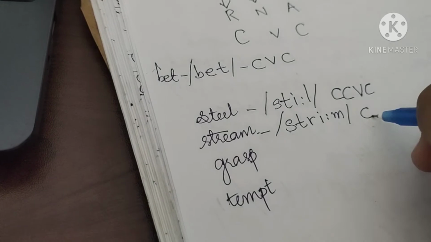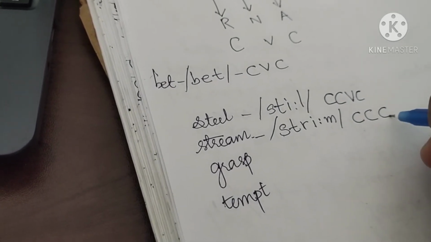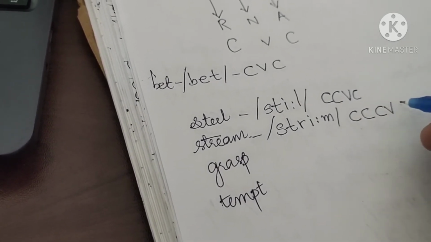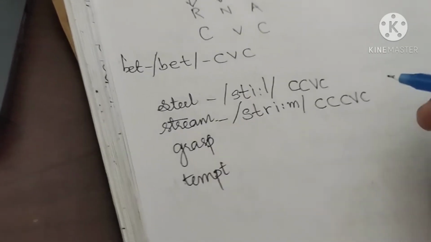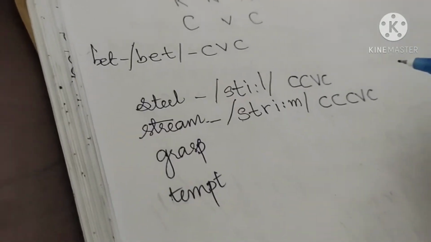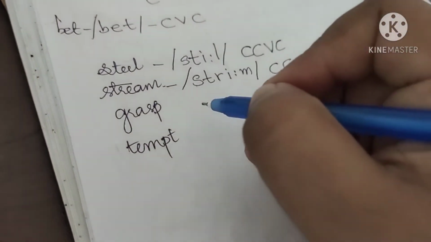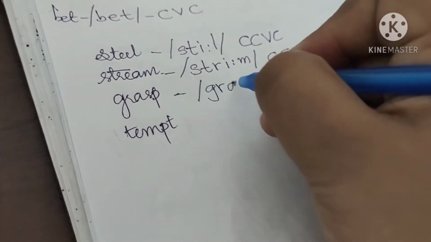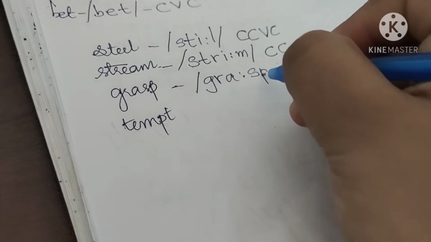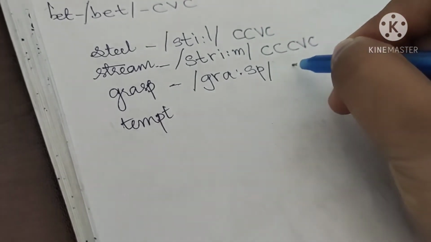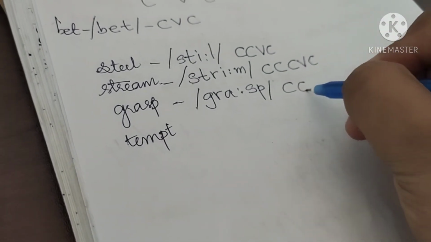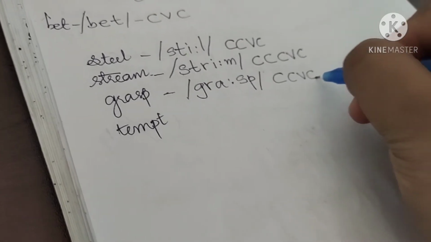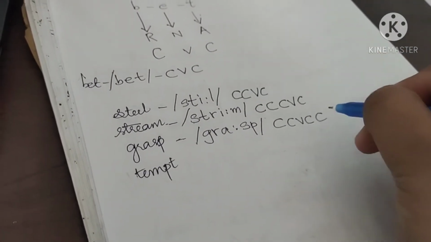S is a consonant, t is a consonant, r is a consonant, i is a vowel, and m is a consonant. I hope you understood how to write the syllabic structure. Now grasp, /g r a s p/. G is a consonant, r is a consonant, a is a vowel, s is a consonant, p is a consonant.